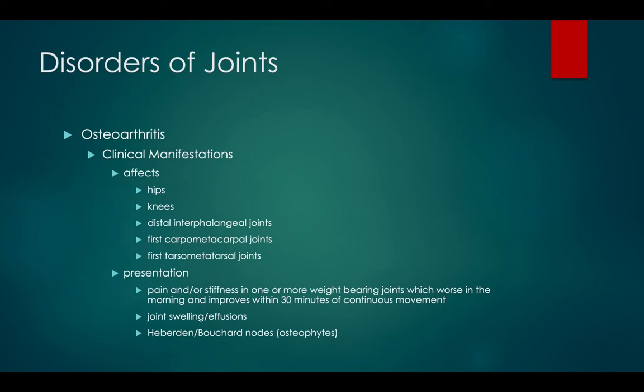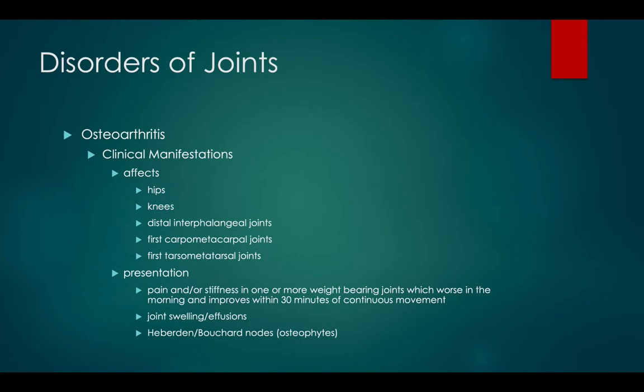You still get inflammation within the joints because the bone's rubbing on the bone. That can cause effusions and joint swelling, but it's not the result of, we'll say, the immune system causing the inflammation. So be clear about that.